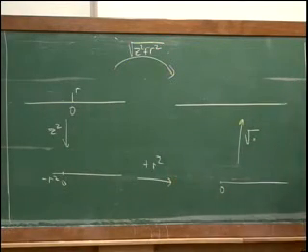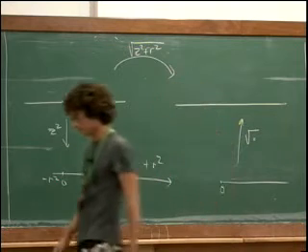Harder and harder when you want to start from the disk and you want to send it to the slit like this. 0 and -1/4.